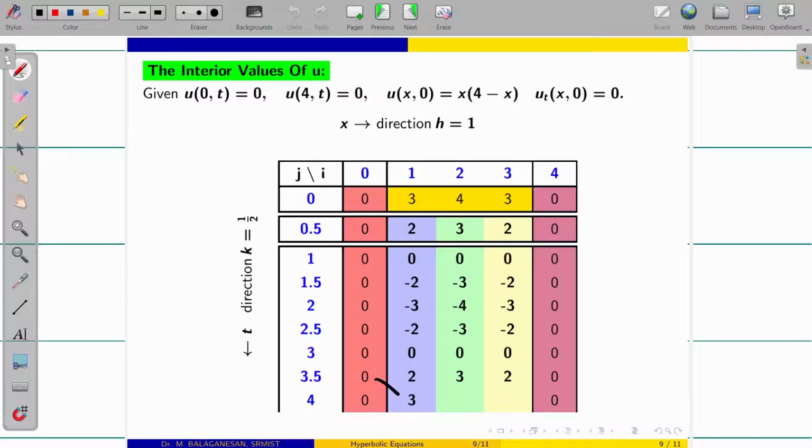I will explain here too. 3 plus 3 minus 0 will be 3. 2 plus 2 minus 0 will be 4. 3 plus 0 minus 3 is 3. That's it, guys. This is the way you have to solve the problems in the hyperbolic kind, I mean, the one-dimensional wave equation.